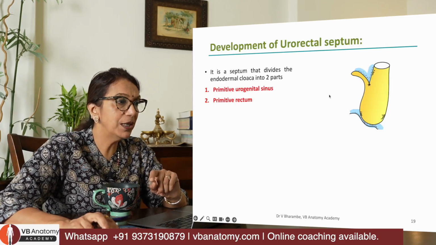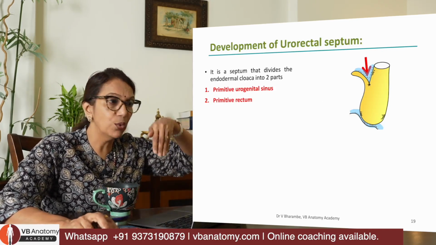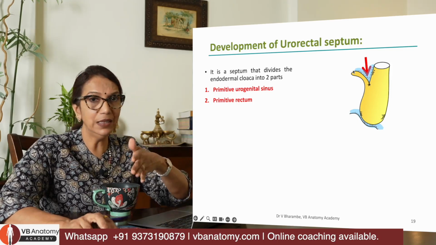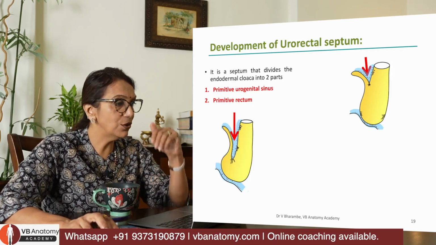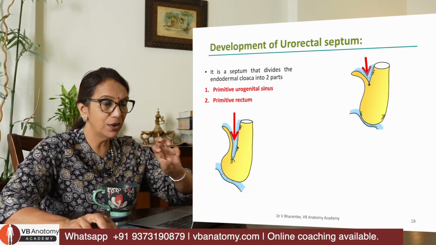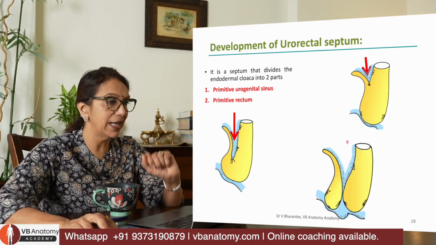Now take a look. This is endodermal cloaca. You can see a urorectal septum growing downwards, between the allantois and the hindgut. As it grows downwards, slowly a bit of the endodermal cloaca stays forward and one bit stays backwards. You can see that in the diagram.